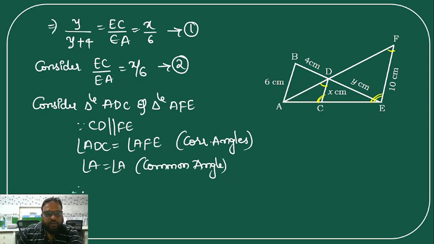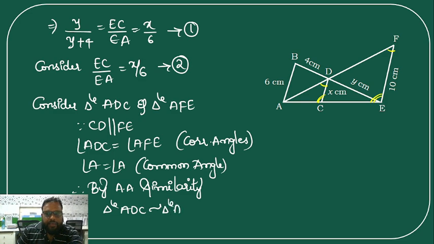So therefore, again by AA similarity, triangle ADC is similar to triangle AFE. When these triangles are similar, ratios of the sides are equal. So I can write AD by AF is equal to DC by FE is equal to AC by AE.